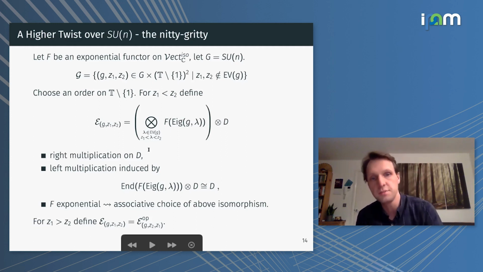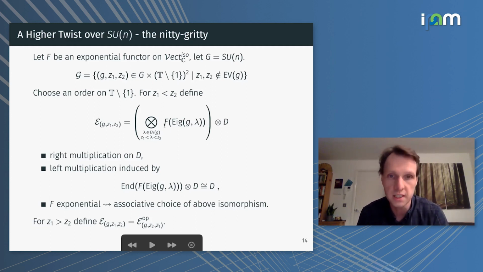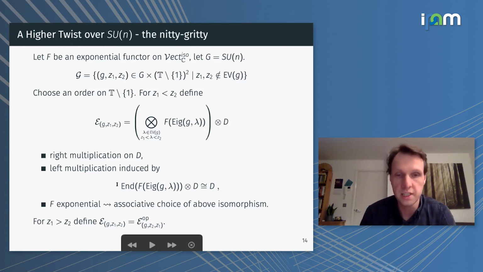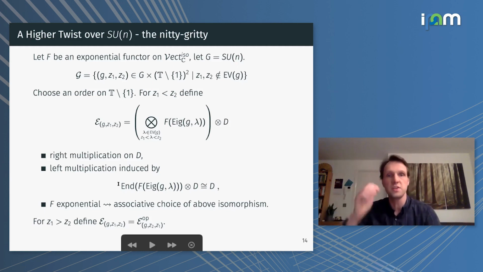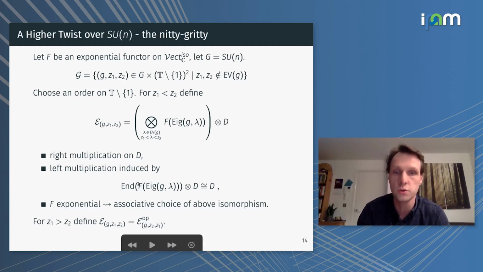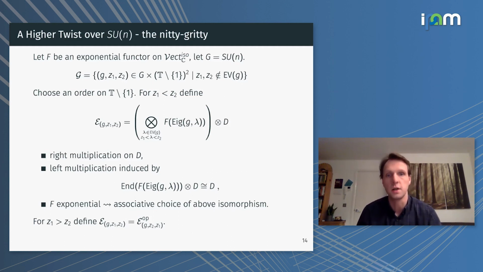And to get the left multiplication, what I need is an identification of the endomorphism algebra of this vector space, tensor D, with D itself. And this is where I really need that I have an exponential functor, because the extra structure from this exponential functor allows me to choose this isomorphism here in an associative way. So I really get an associative product in my Fell bundle.